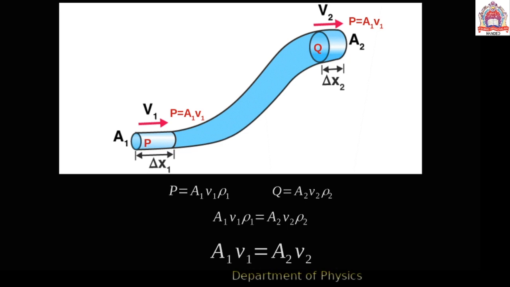So in that case the water is in streamline flow and the velocity of the liquid is constant throughout the cross section because the liquid is incompressible. At the entering side close to the tap and at the leaving side, the velocity remains constant.